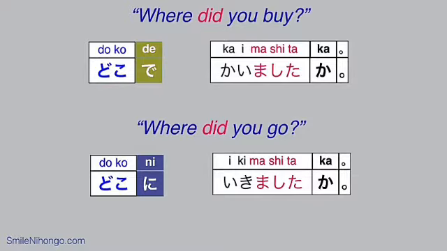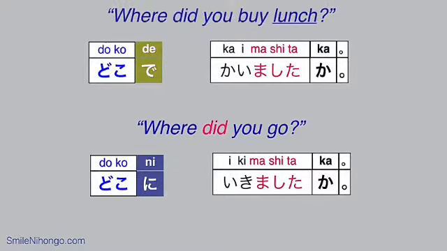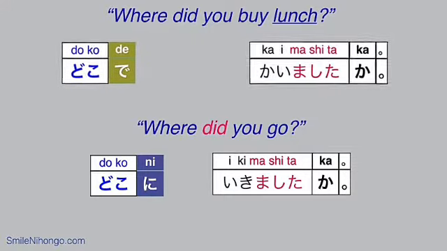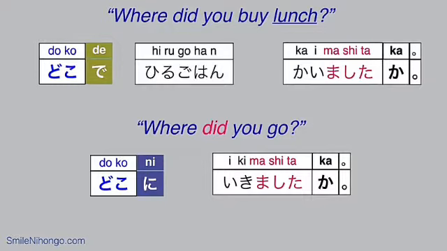Now, if you want to expand the first question like this, where did you buy lunch? Do you know how to do it? Right. You simply need to add the new unit to the sentence, which is lunch, and mark it with the particle を. That's it.